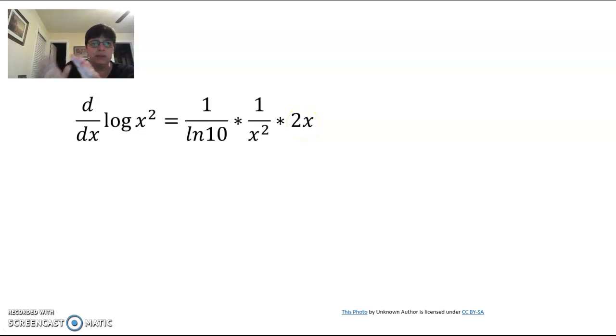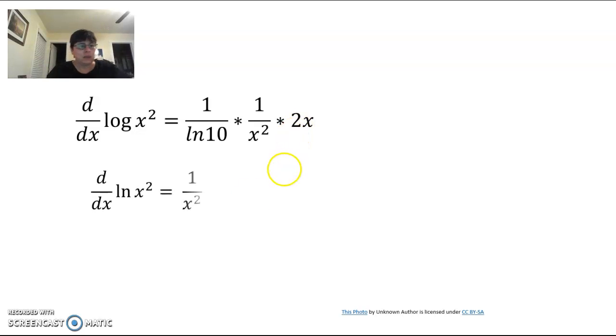You stop there, you don't say, oh, what's the derivative of 2x? Okay, sorry, no, stop. I just want to compare here. If you have the natural log of x squared, you don't have to worry about this 1 over anything. Just 1 over x squared times the derivative of that x squared, which is 2x.